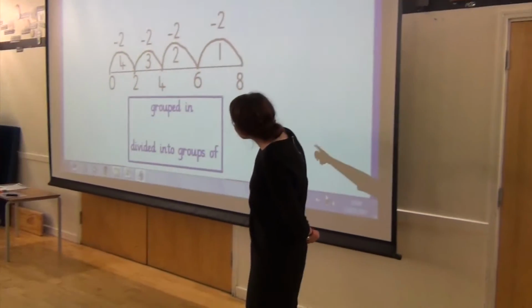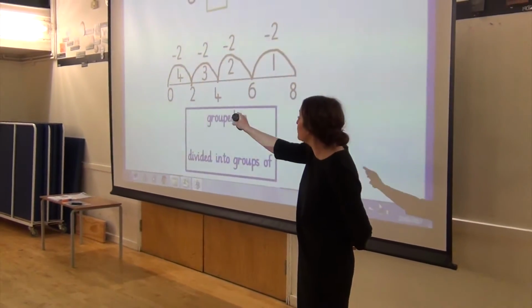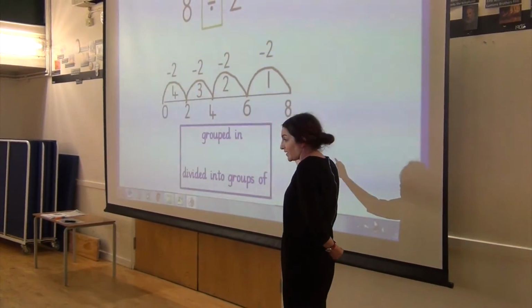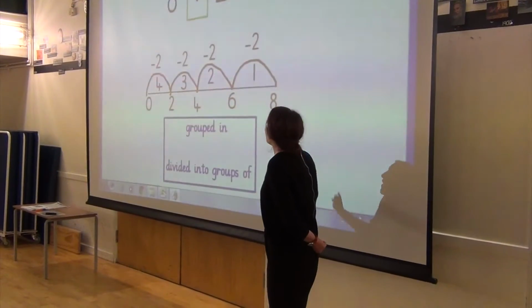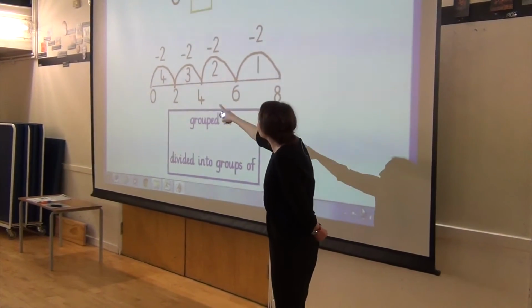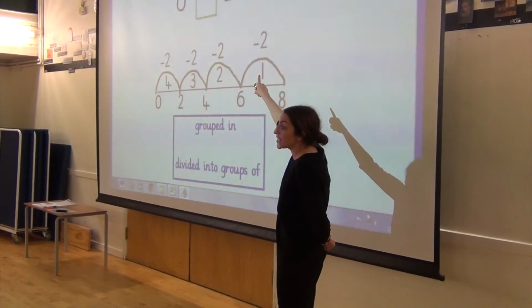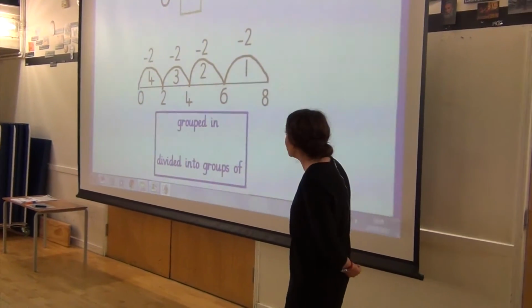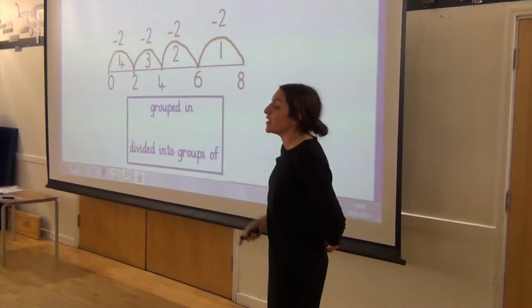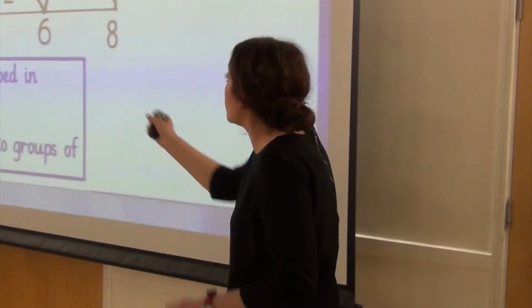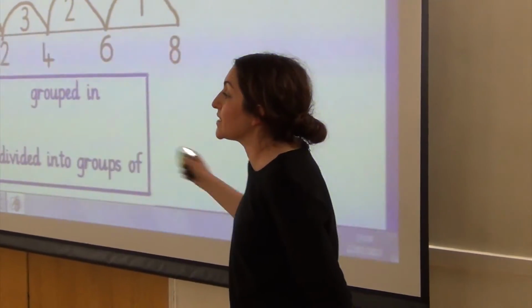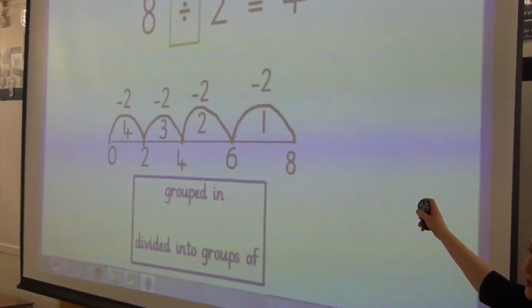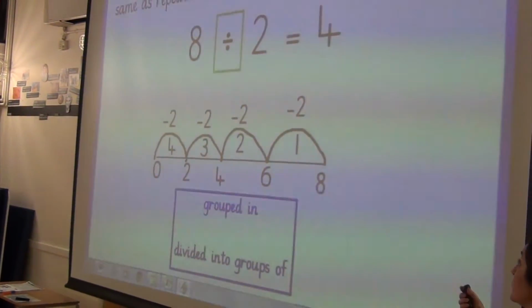This time, instead of starting on the left-hand side, they start on the right-hand side. They start at the 8, the starting number in the calculation, and they jump back in steps of 2. Whichever the second number is, whatever groups they're making, they jump back in those steps until they can't take away any more, so until they get to 0. Then however many jumps they've done tells them how many groups of that number are in 8, or in the starting number.